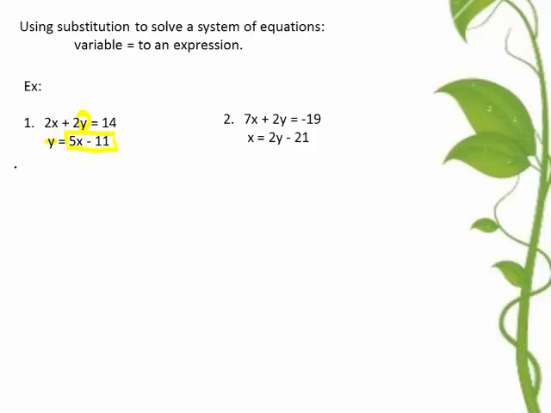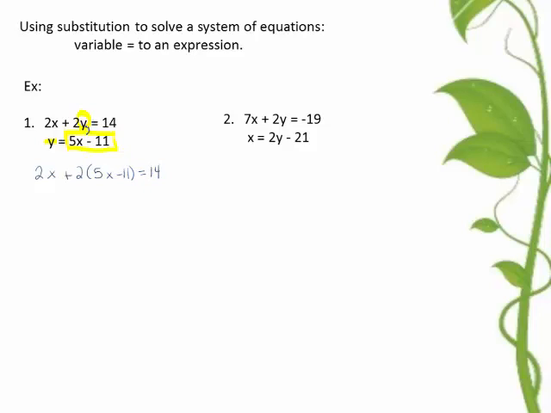So I have 2x, let's try that again. 2x. What's going on with my pen? 2x plus 2y. Well, I'm going to take y out and put what y is equal to in. 5x minus 11 is equal to 14.